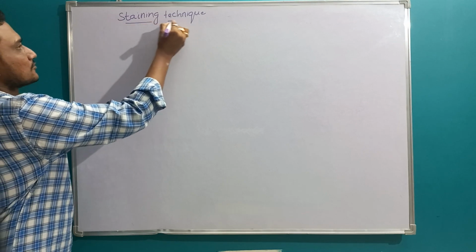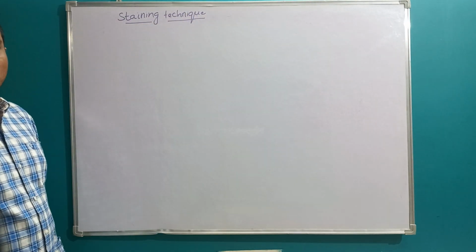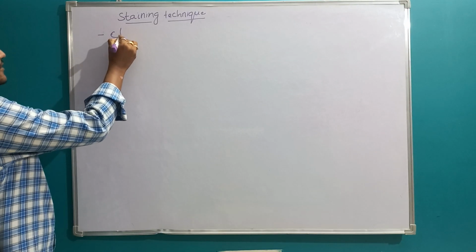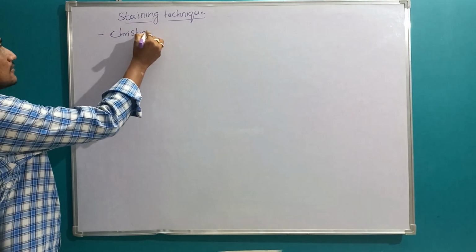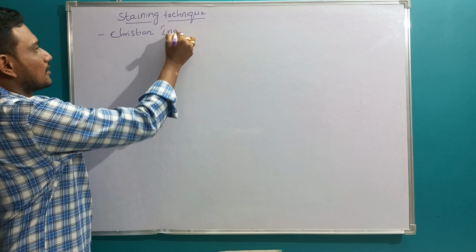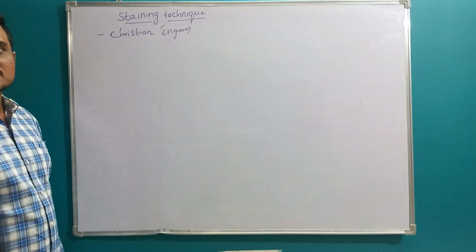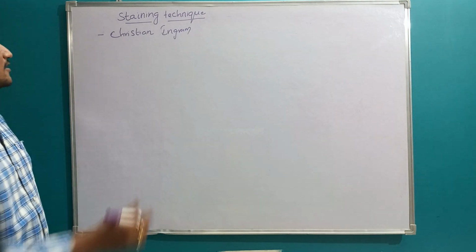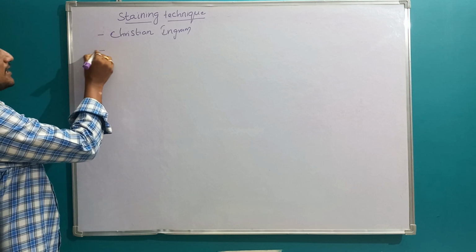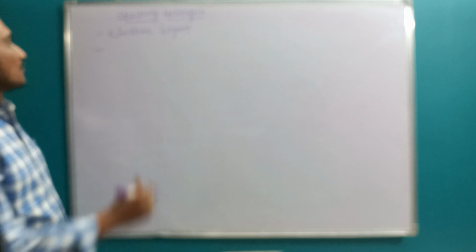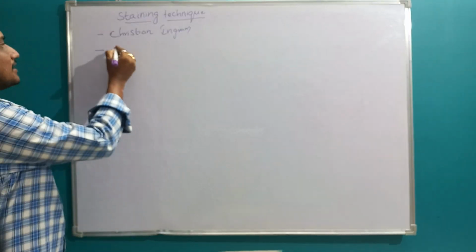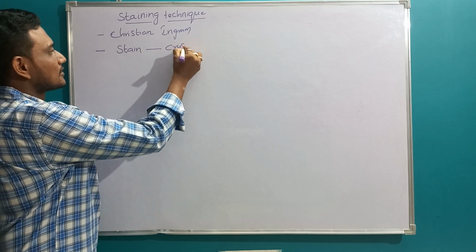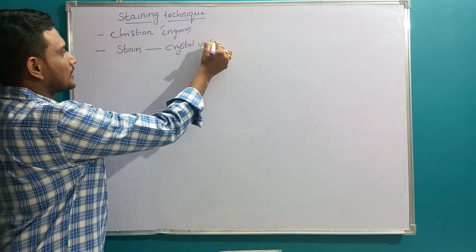So this staining technique of bacteria was first discovered by Christian Gram. The scientist named Christian Gram first discovered this staining technique in bacteria.